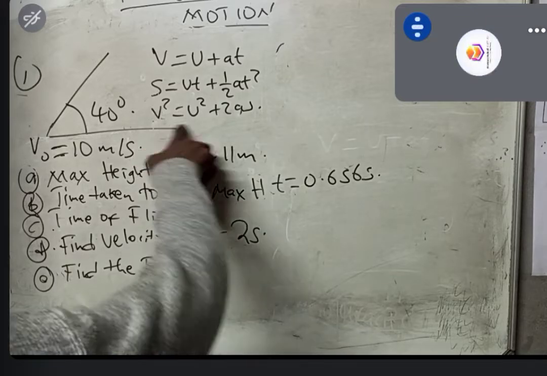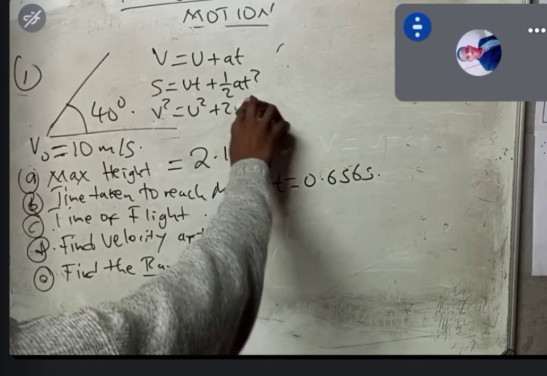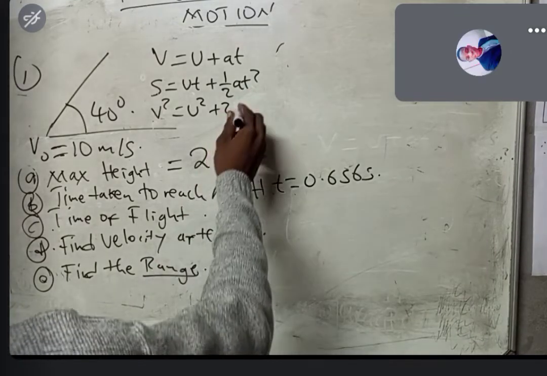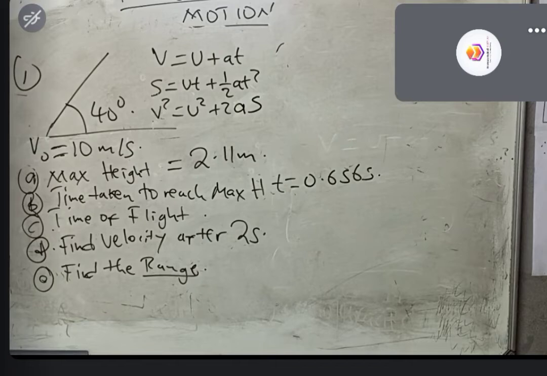Oh, this one? Yeah, it's 2as. These are the formulas under linear motion, actually. I believe you know them.